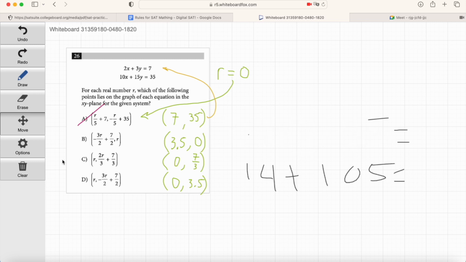Let's try answer choice B. Again, we're just plugging in now. We're plugging in 3.5 for x and 0 for y, and seeing if we get a true statement.